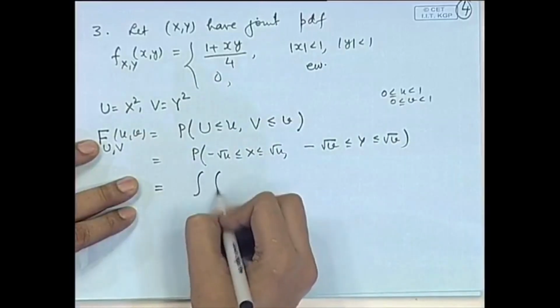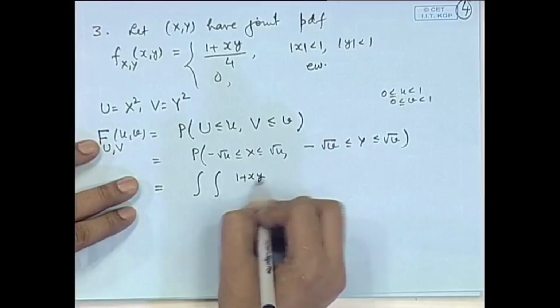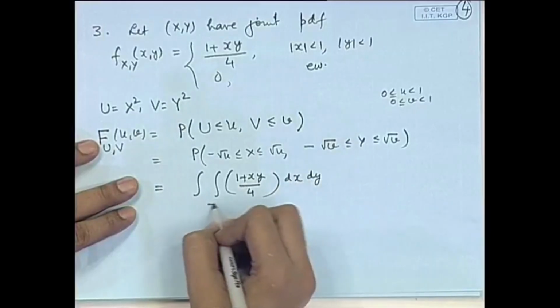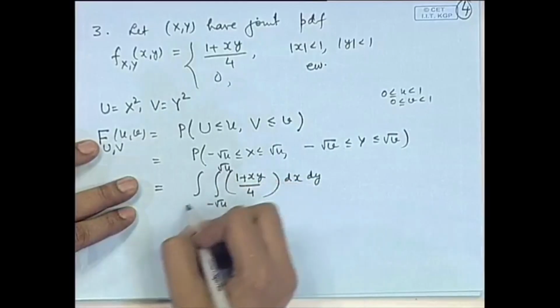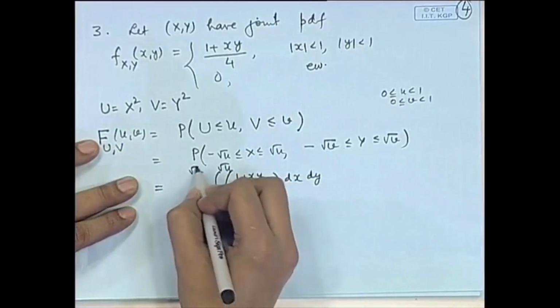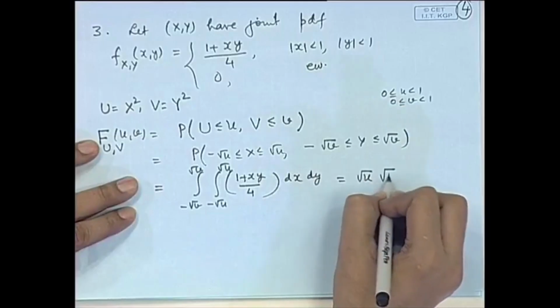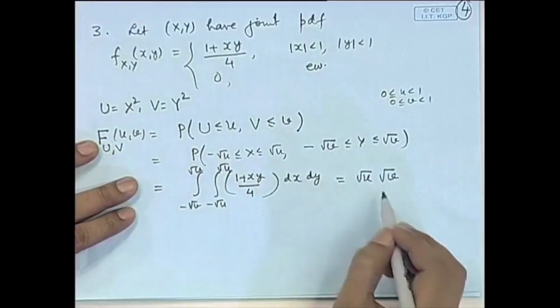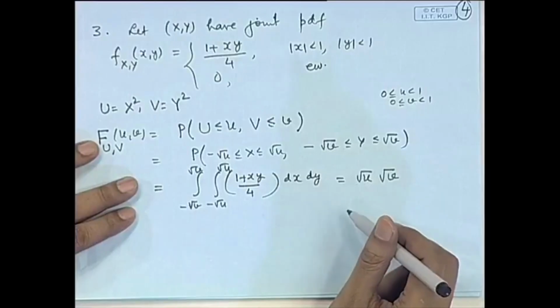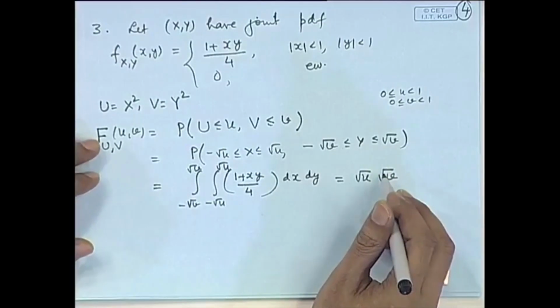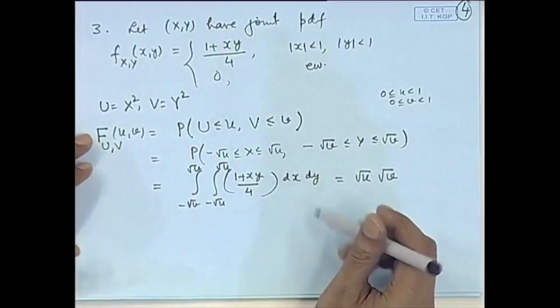So, that is integral 1 plus x y by 4 dx dy over minus root u to plus root u, minus root v to plus root v, and we can evaluate it to be root u root v. So, the joint CDF can be obtained. From here we can determine the density of u and v.